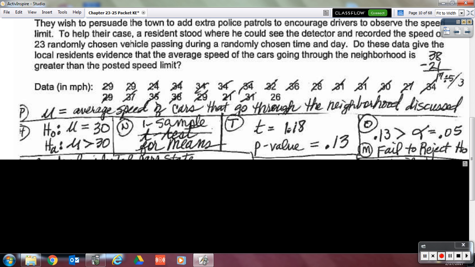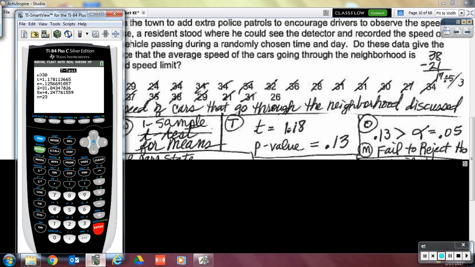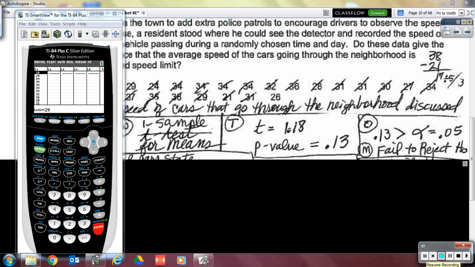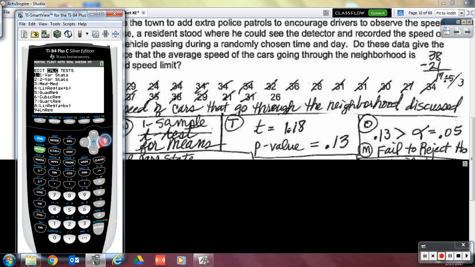Stat edit will get you to list 1, and I want you to put those 23 miles per hour or registered car amounts in your calculator. All right, so now that you have your data in there, here is how we do this. We go stat over to tests, and what do you think on the menu is what we're doing here?